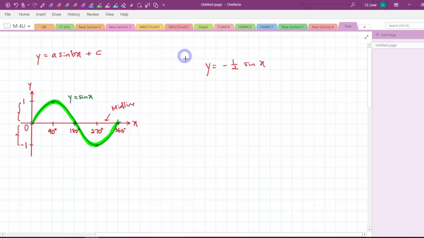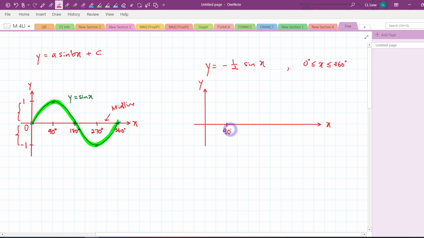Okay, now let me sketch the graph. This is y and this is x. The x is from 0 degree to, oh, not 90 degree, 360 degree.